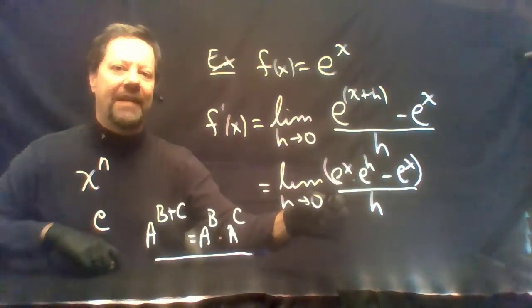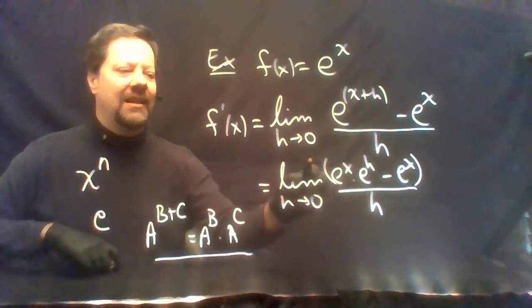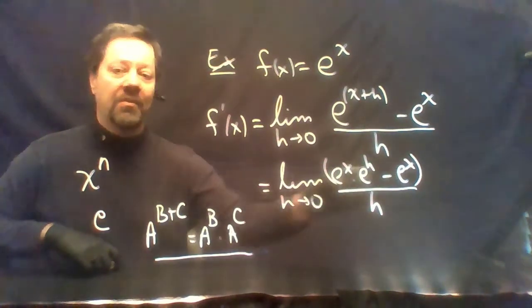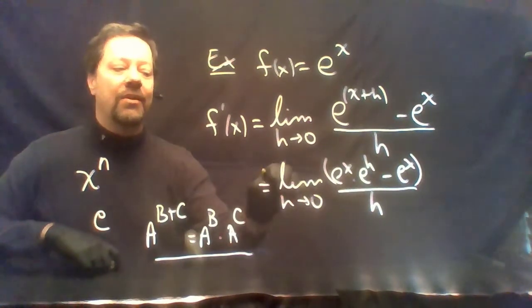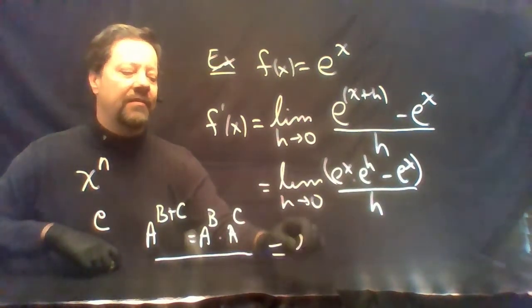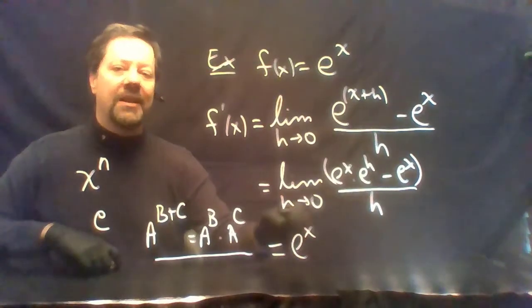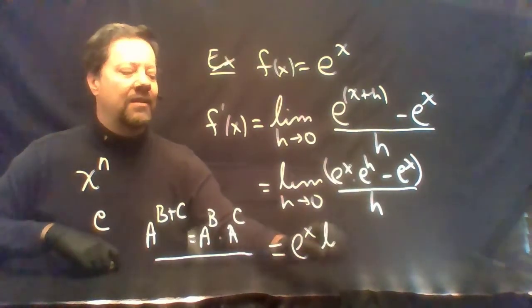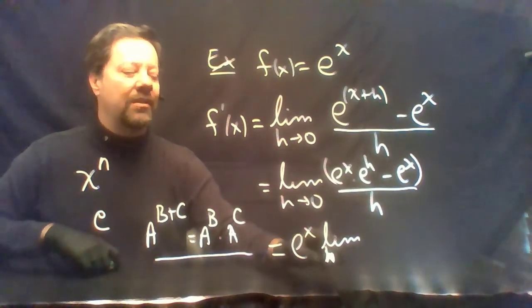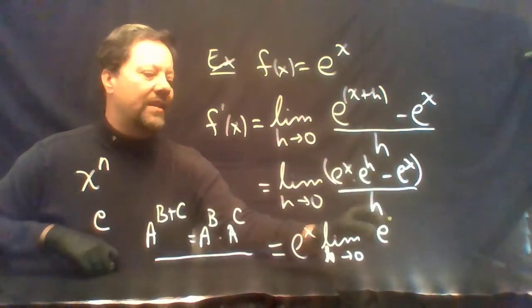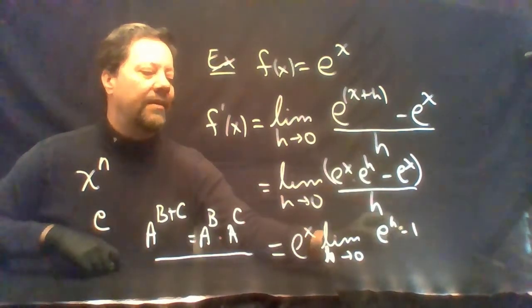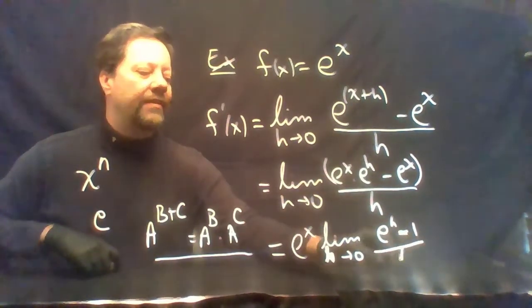Each term has a common factor of e to the x. E to the x can be factored out not only of the numerator, but also out of the limit, because it doesn't depend upon h. So we have e to the power of x times the limit as h goes to 0, and what's left is e to the h minus 1 over h.